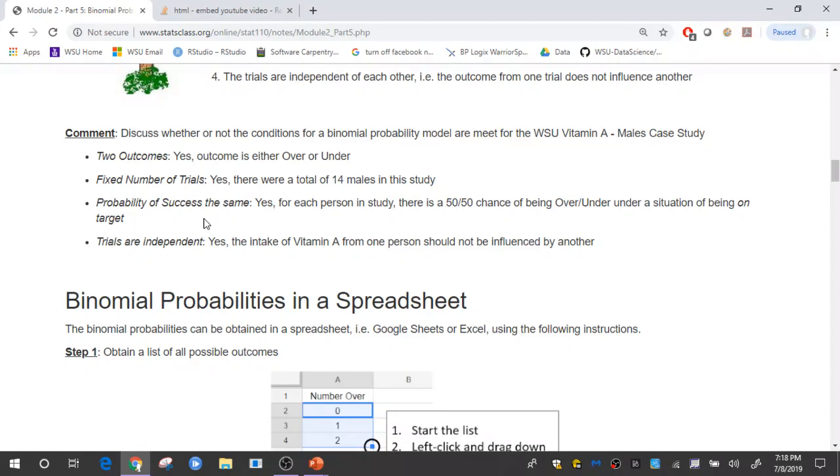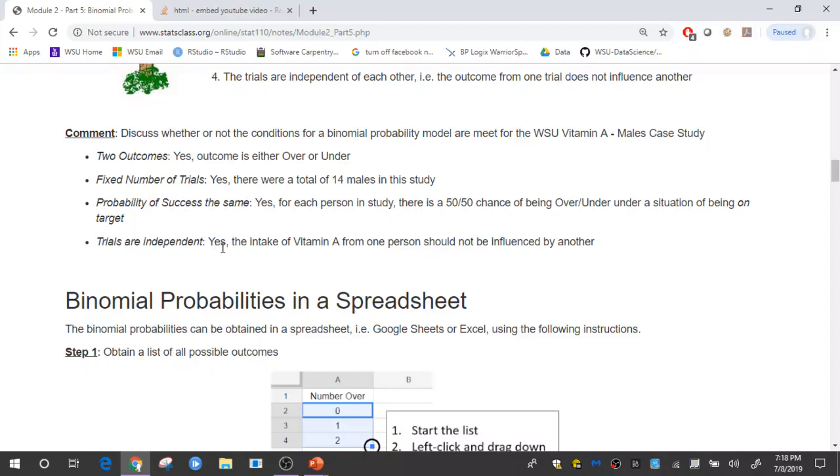So here, each person in the study had a 50-50 chance of being over or under, in a situation of being on target. So again, that probability model is built assuming that the males are on target. Trials are independent of one another. In the context of this problem, what that means is that the intake of vitamin A from one person is not influenced by another person.